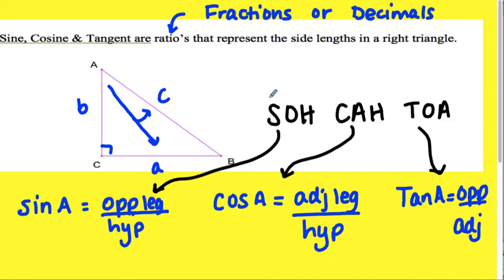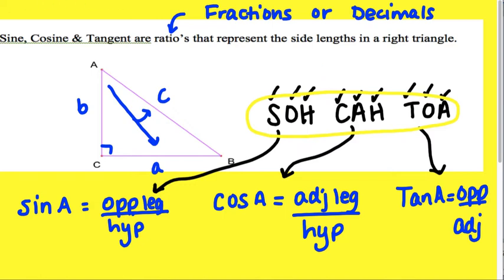Well, the sine of the angle is equal to the opposite over the hypotenuse. The cosine of the angle is equal to the adjacent over the hypotenuse. And the tangent of the angle is equal to the opposite over the adjacent. Okay, so we are going to have to know those ratios. I'm really hoping that this mnemonic will help you remember the ratios. SOHCAHTOA. I always write it on the top of my paper anyway.